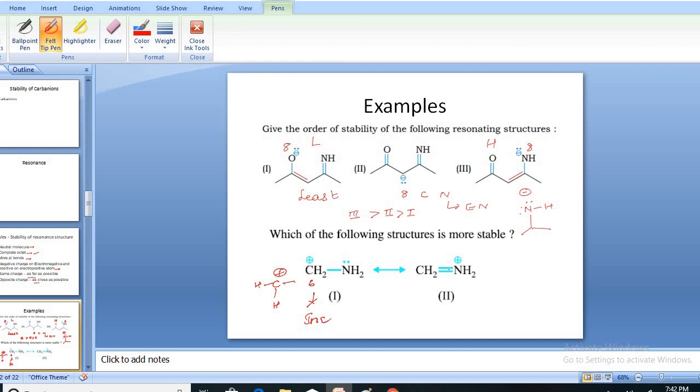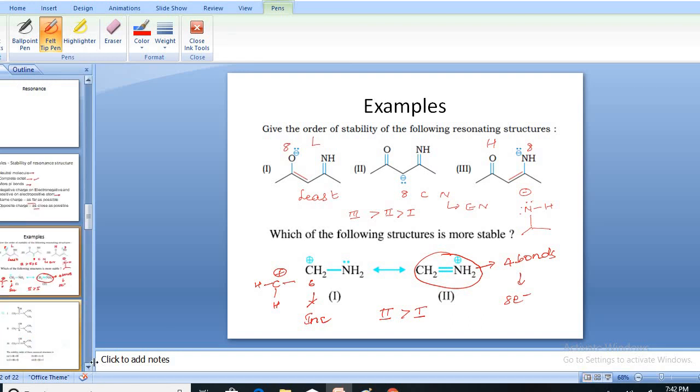And here, positively charged nitrogen with 2 hydrogens and 2 bonds makes the total 4 bonds, right? 4 bonds means 8 electrons. So this is nothing but a complete octet. So the stability of 2 is more than 1. This is very, very simple to understand.